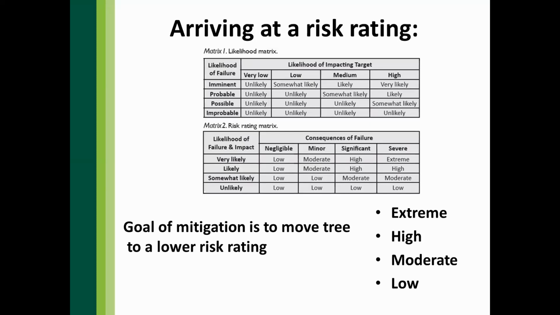Then the goal, once you have that, is to mitigate or reduce the level of risk to the next lowest one, or maybe a couple of risk layers down. Usually in the extreme cases, that's a removal, but maybe you can move a high risk tree to a moderate or even a low risk, or a moderate to a low. But that's what mitigation is, just reducing the assessed risk level.